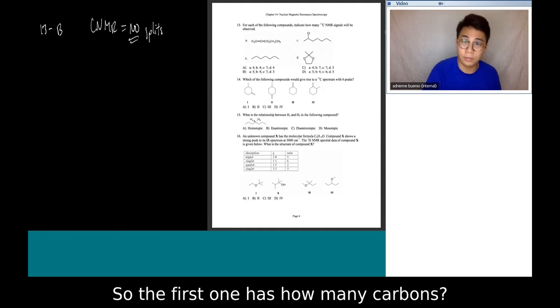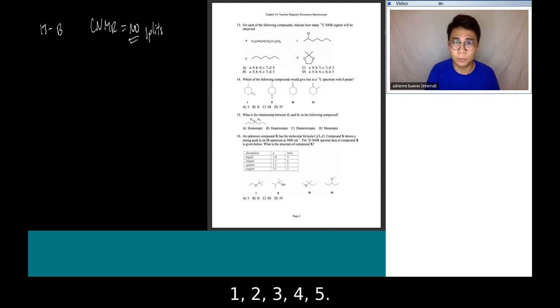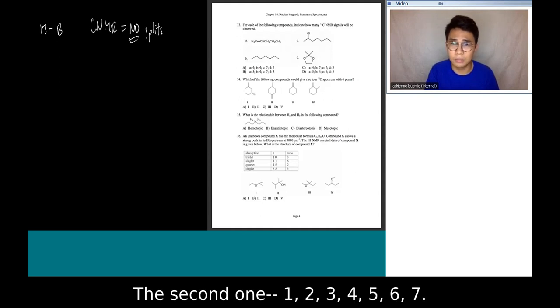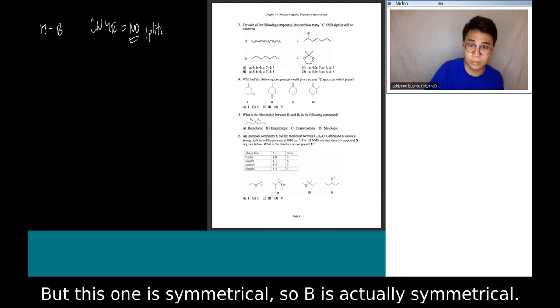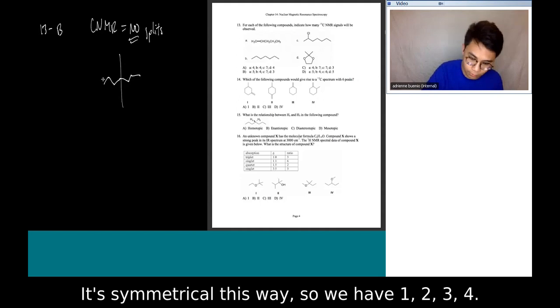So the first one has how many carbons? 1, 2, 3, 4, 5. We're good. The second one, 1, 2, 3, 4, 5, 6, 7. But B is actually symmetrical, it's symmetrical this way, so we have 1, 2, 3, 4.